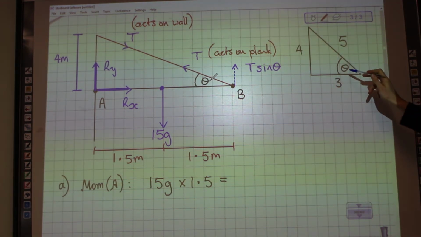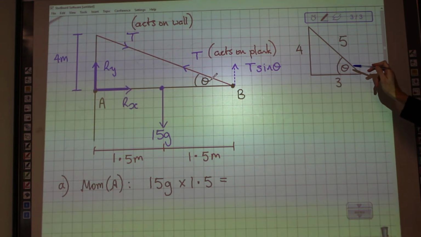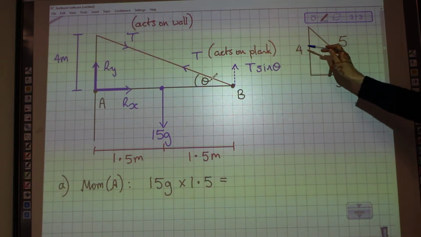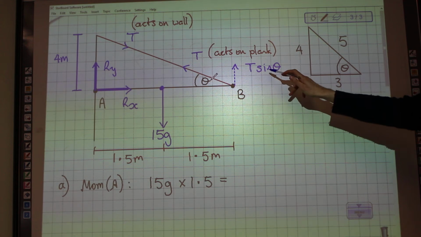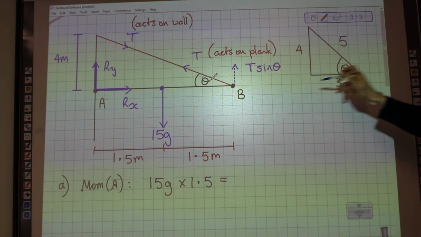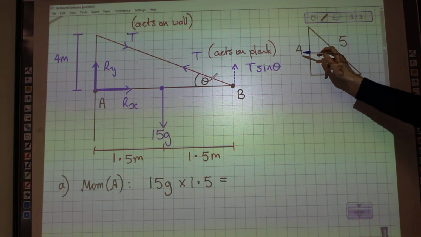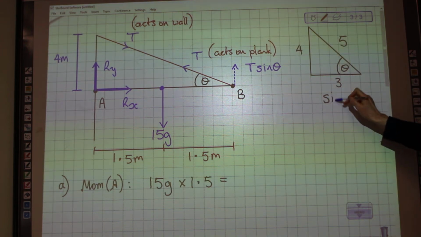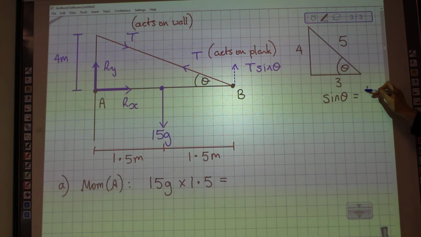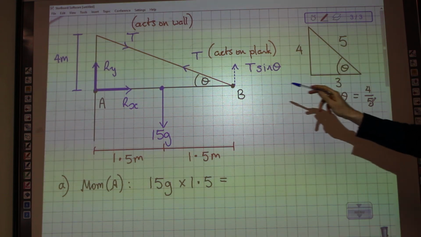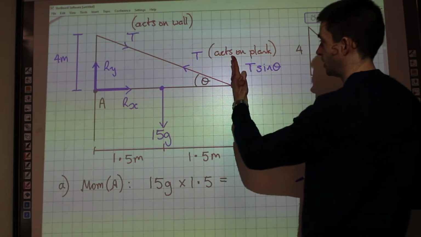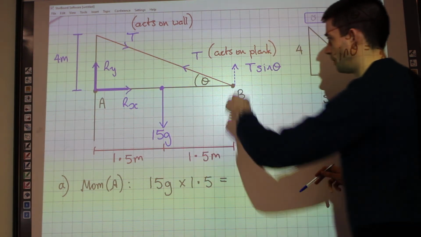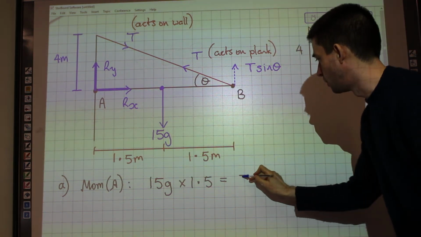The reason I'm doing this is because I want to know things about this angle theta. I know that tan theta is opposite over adjacent, but I want to know sine theta here. Sine theta is opposite over hypotenuse, so I can calculate from this triangle that sine theta must be 4/5. So with my moments equation, T sine theta times 3 is the anti-clockwise moment.